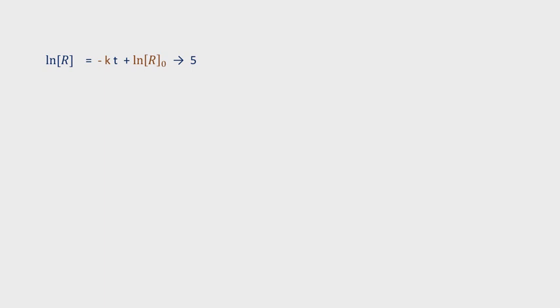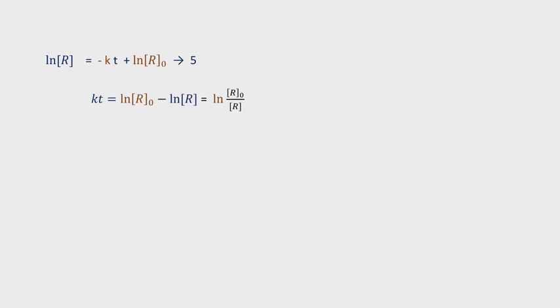ln r equal to minus kt plus ln r naught. We have already seen this in the earlier case. Now we are going to rearrange equation 5. What I am doing here is sending minus kt to that side.